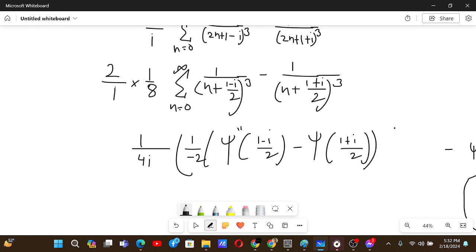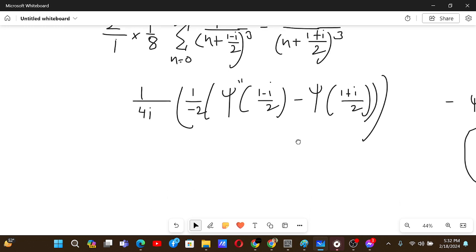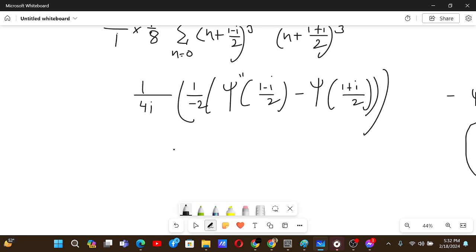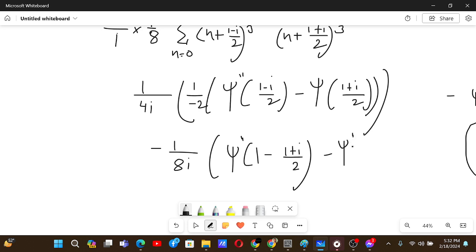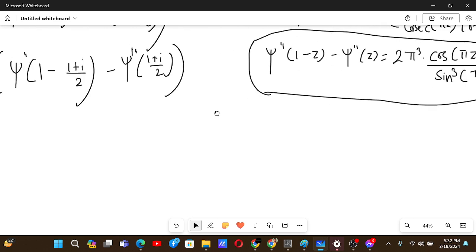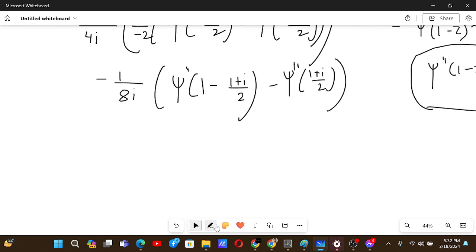Now we can notice that we can basically use the reflection formula over here. Yeah, this is minus 1 by 8i, and then this is just 1 minus (1 plus i) by 2 minus quad gamma of (1 plus i) by 2. Now we had a formula for this, and that was 2 pi cube cos pi z by sine cube pi z.